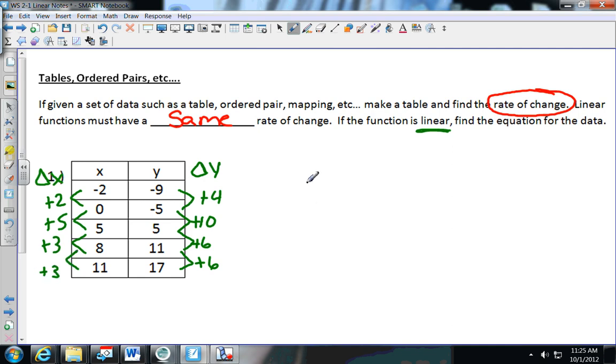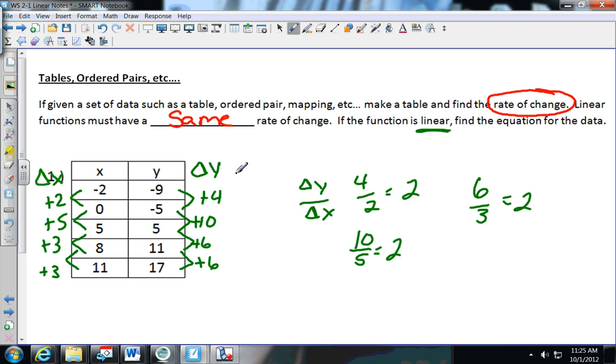Now let's see if they're the same. Delta y divided by delta x, 4 over 2 is 2. 10 over 5 is 2. 6 over 3 is 2. Since these numbers are all the same, my data is linear, meaning it will make a straight line.